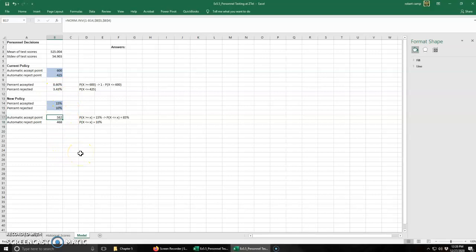If we drop our automatic accept point from 600 to 582, we should go from an 8.6% automatic acceptance rate to a 15% automatic acceptance rate. And that is how we would use historical data fitted to a normal distribution to calculate out percentage chances things are going to happen.